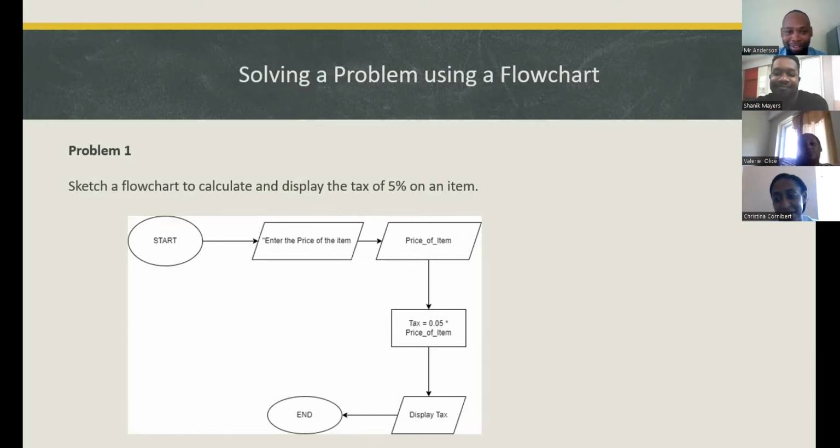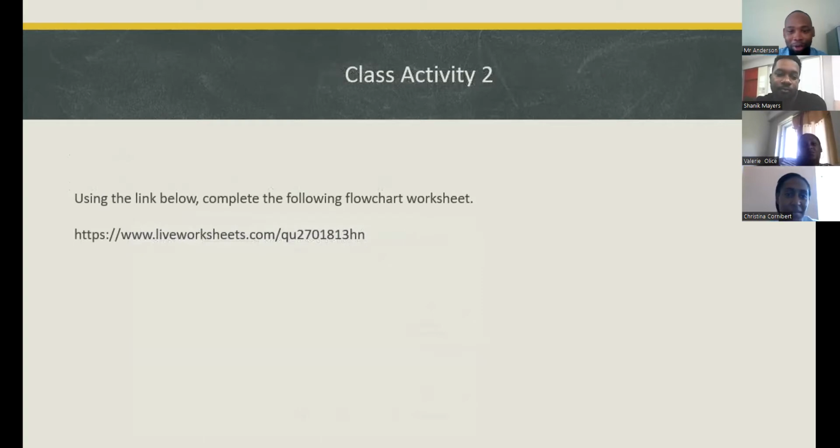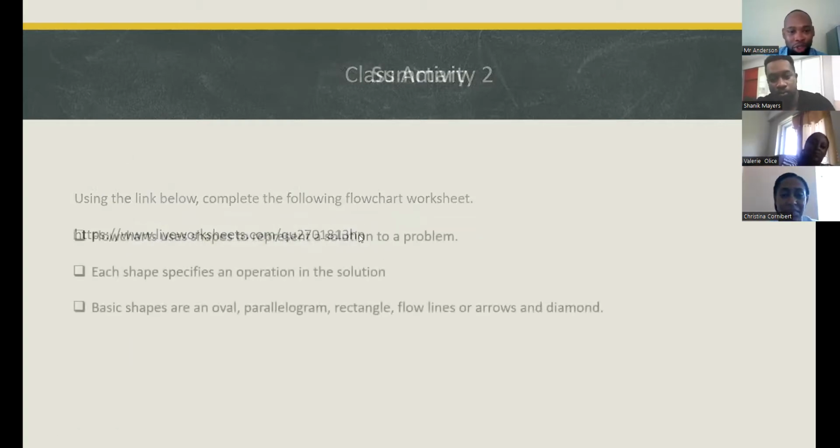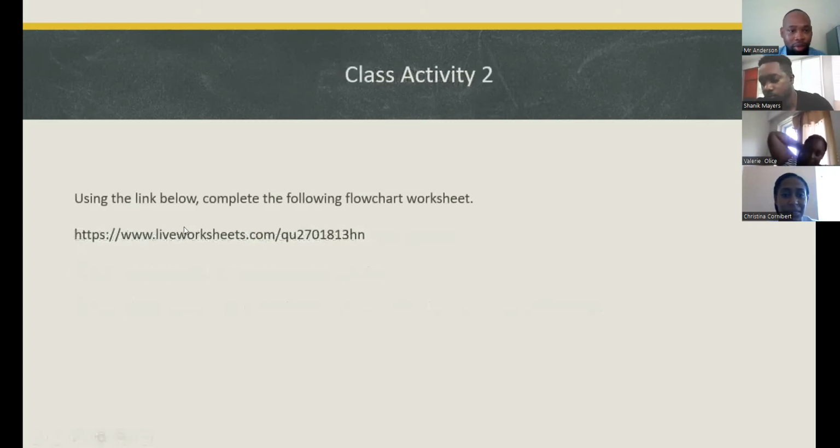All right, let's move on. Okay, so I have an activity for you all to do. I'm going to post this worksheet, the link, in the chat so you can complete it.